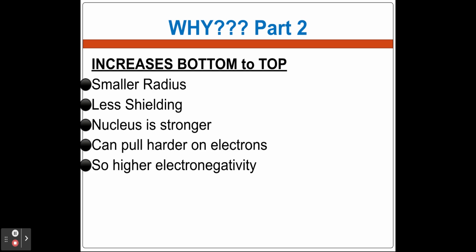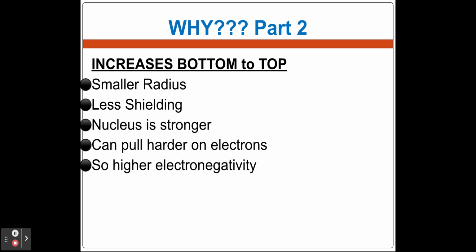As you go from bottom to top, as you go up a group, why does electronegativity increase? Well, again, because your radius is getting smaller when you go up the group, right? So again, the number of shells you have as you go up a group gets less. So that means the valence electrons are closer to the nucleus.